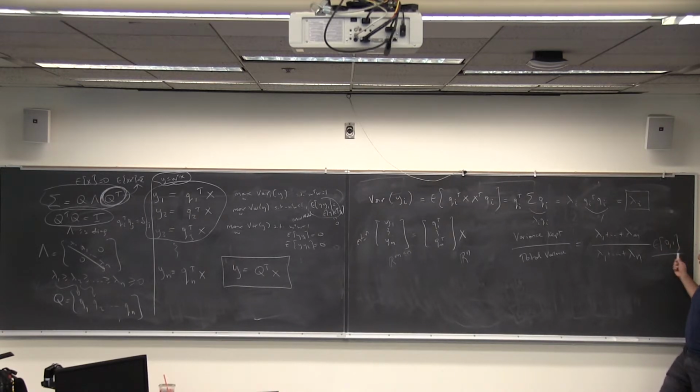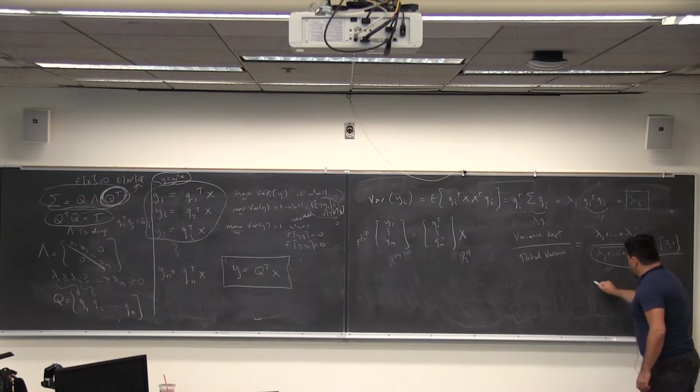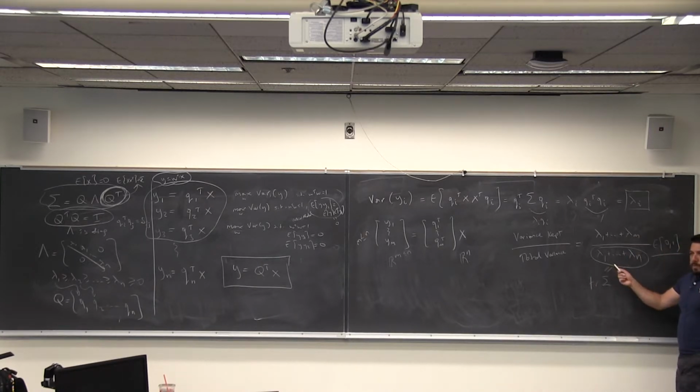People like it as a normalized measure of what fraction of the total variance has been retained in your lower dimensional approximation. You can find this denominator easily by looking at the trace of sigma, right? The sum of eigenvalues of a matrix is the sum of diagonal entries.